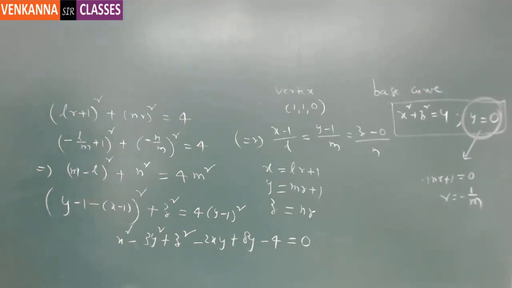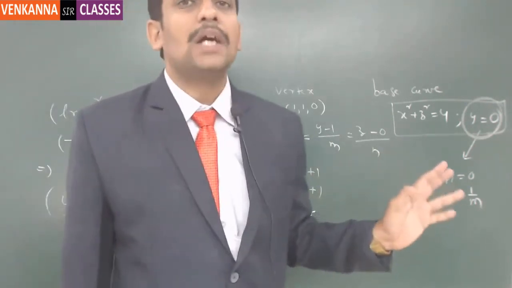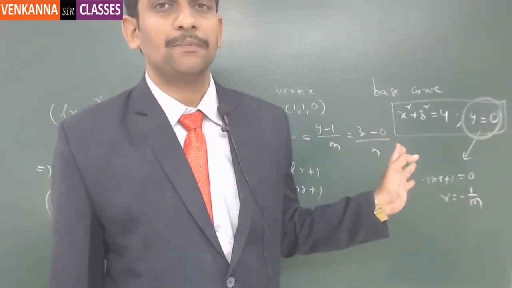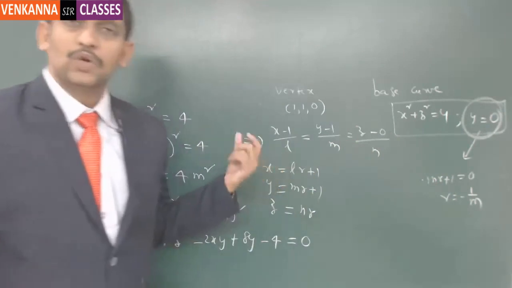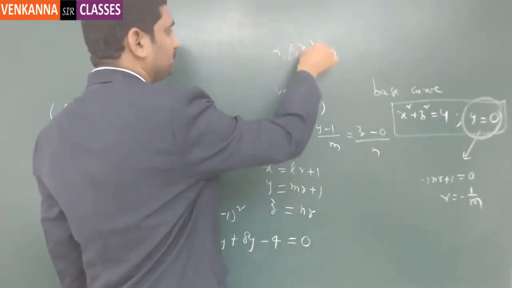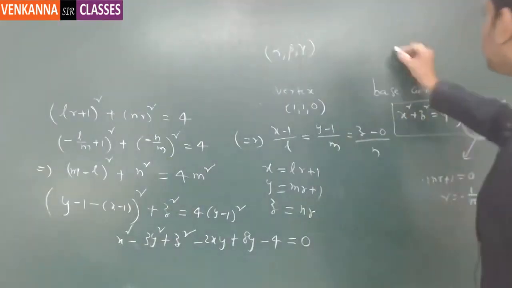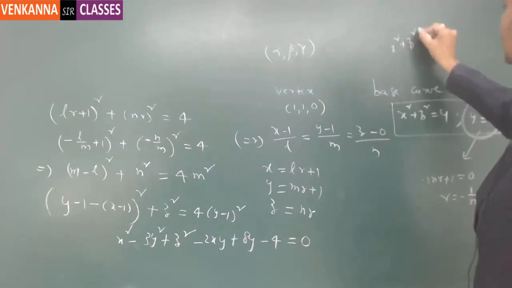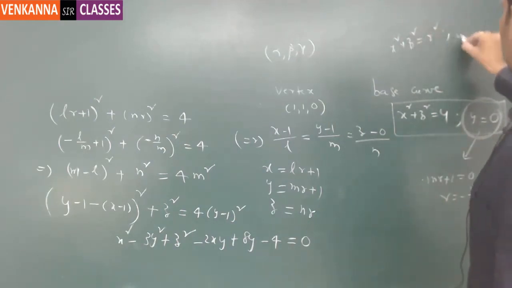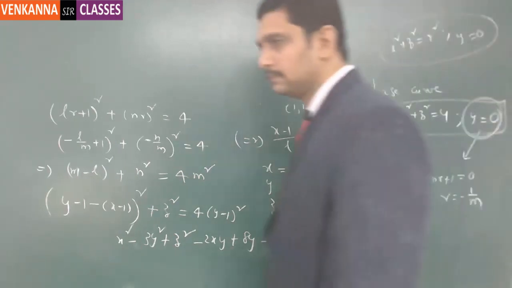Why I am taking this is, in examination point of view, generally questions will not be asked straight away with numbers. Let me say the question is in general asked as: if the vertex is alpha, beta, gamma and base curve is given by say x square plus z square is equal to r square and y is equal to 0, then find the equation of the cone.